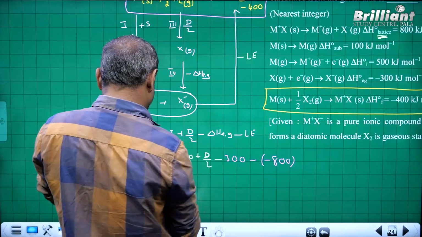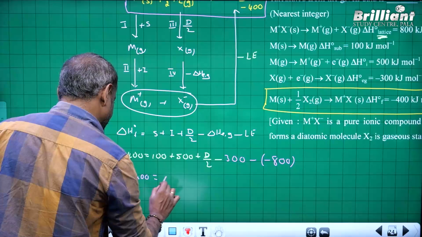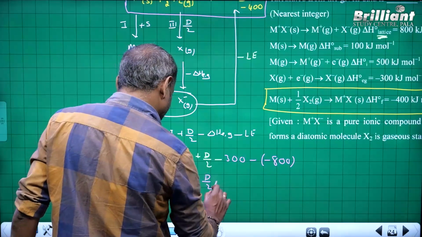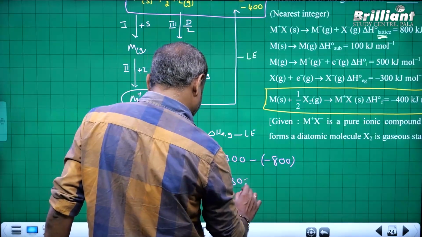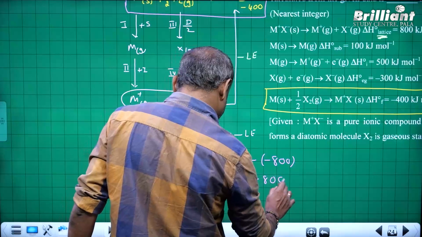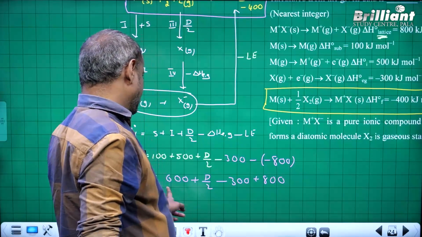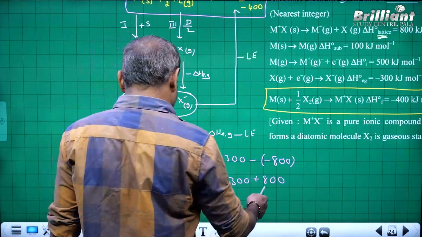So minus 400, 600, D by 2, minus 300 plus 800. So the 3 cancel, remaining is 300, 8 plus 3, 1100, plus 1100.